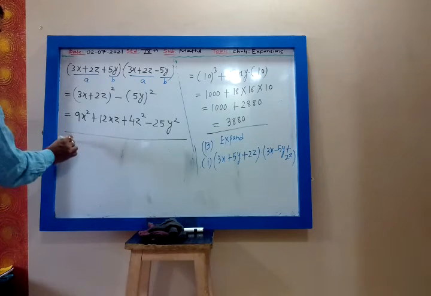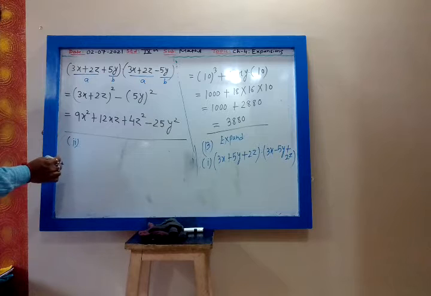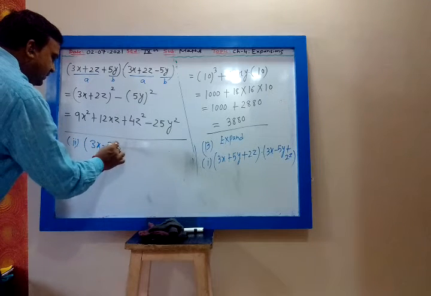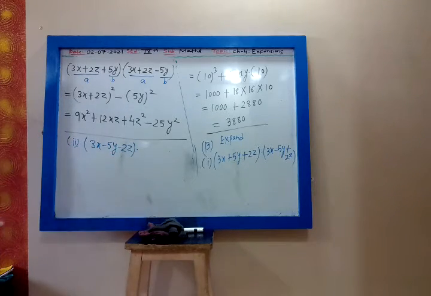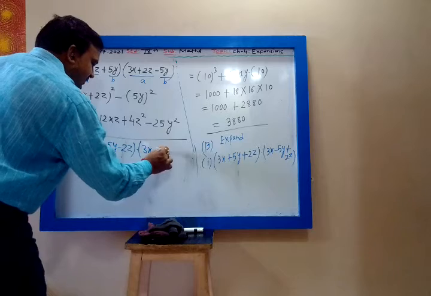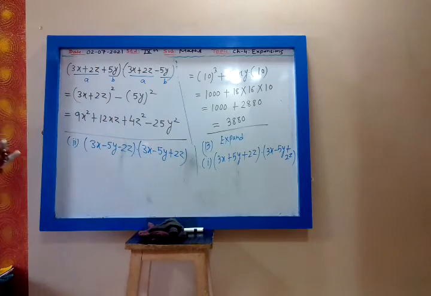Now second: 3x minus 5y minus 2z into 3x minus 5y plus 2z. 3x minus 5y you will take common?